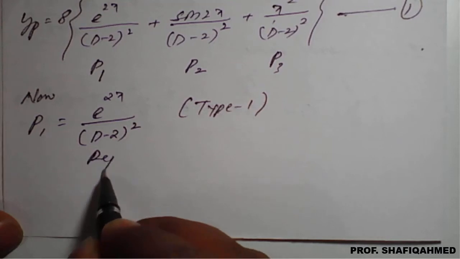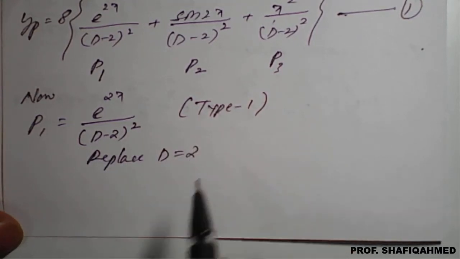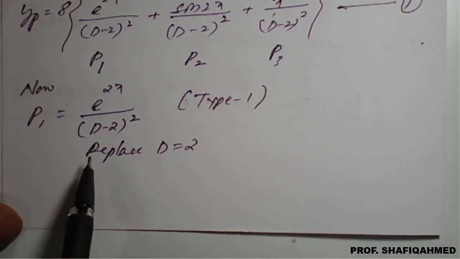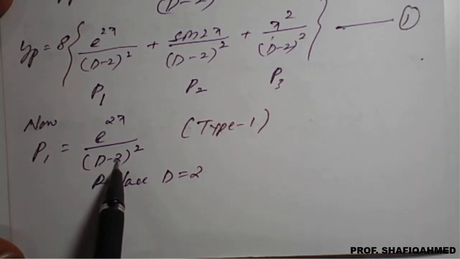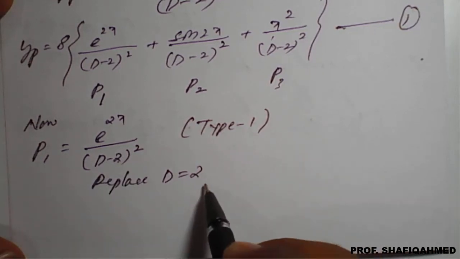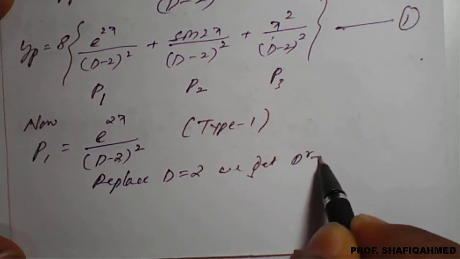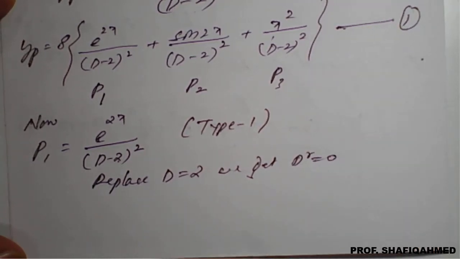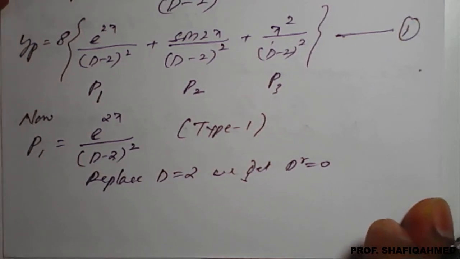So replace D equal to 2. Remember here, if I replace D equal to 2, then 2 minus 2 is 0, 0 square, so we get denominator 0.